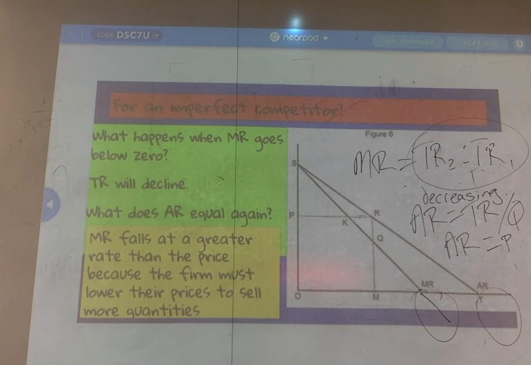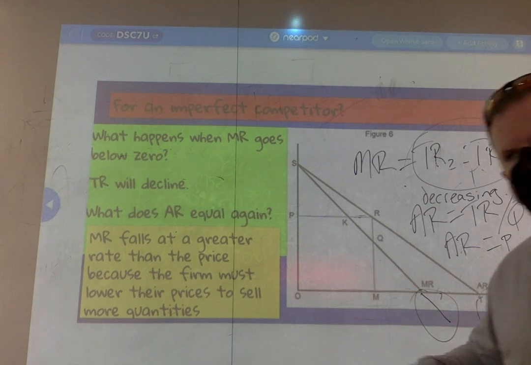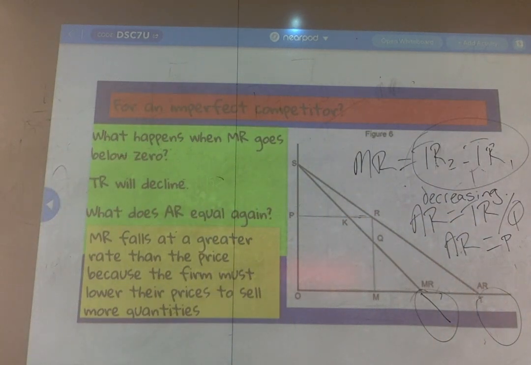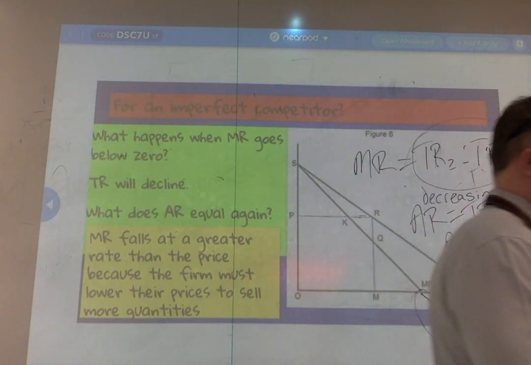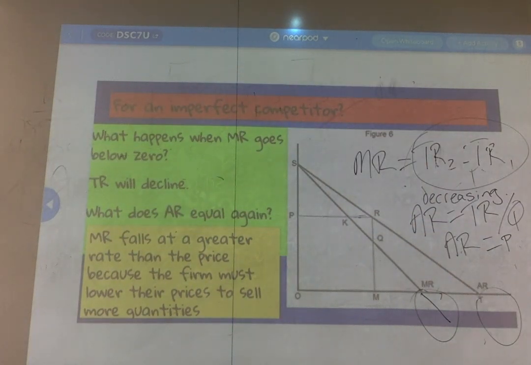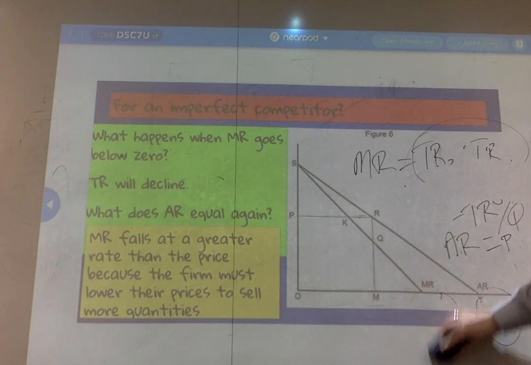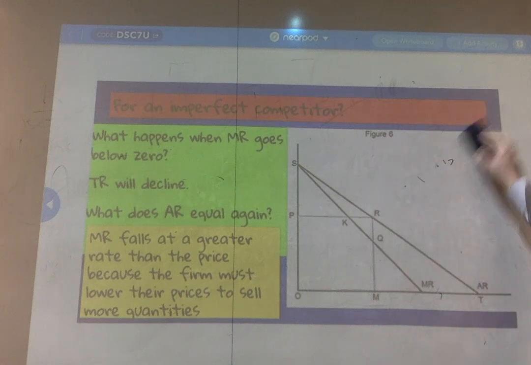Is it possible for average revenue to be below zero? Why not? Right? It does become quite complicated at the extremes. Yes, well done.